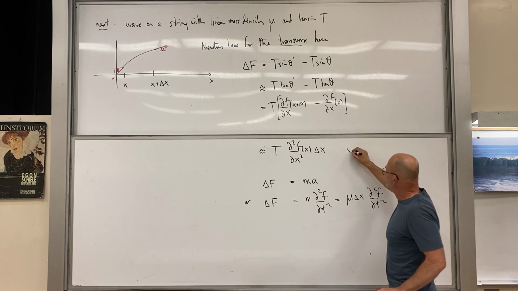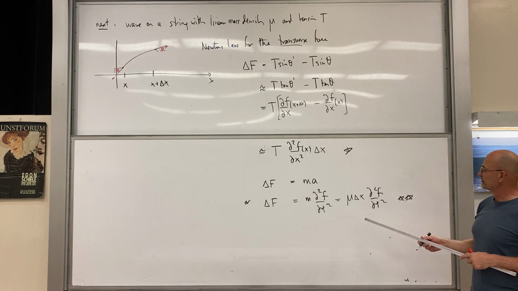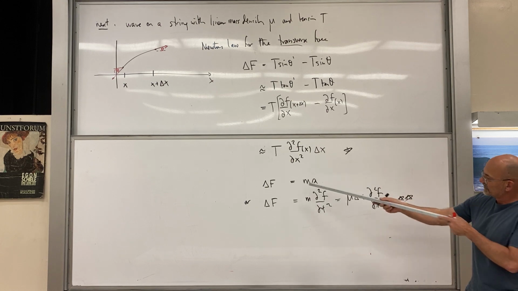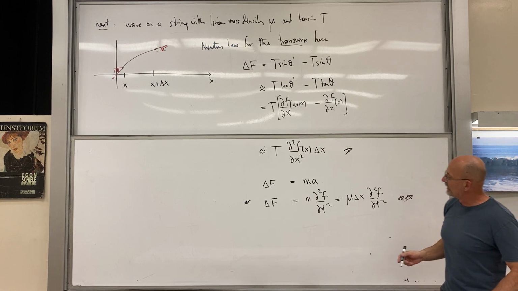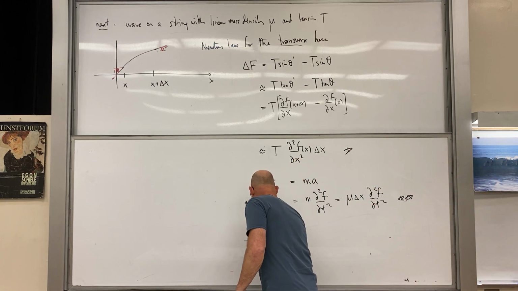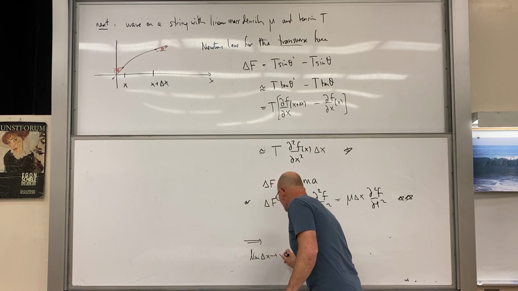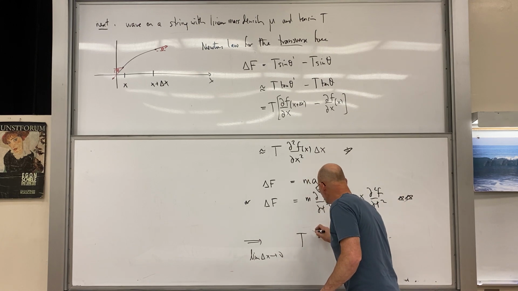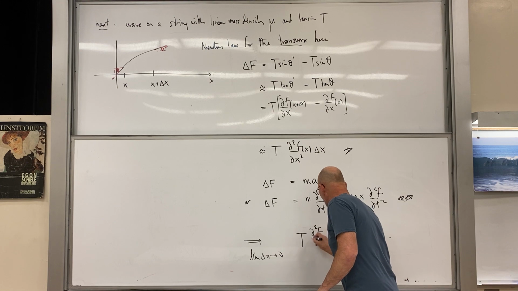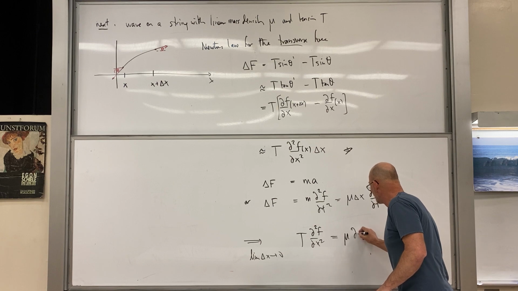So we have this and that, star and double star, okay? And in fact, when we equate them, we'll see we cancel the delta x on both sides, and we're left with, we'll just say limit delta x goes to 0, we're left with T d squared f dx squared is equal to mu d squared f dt squared.